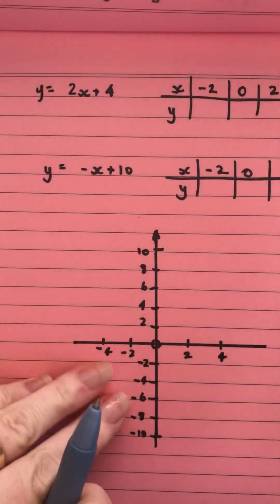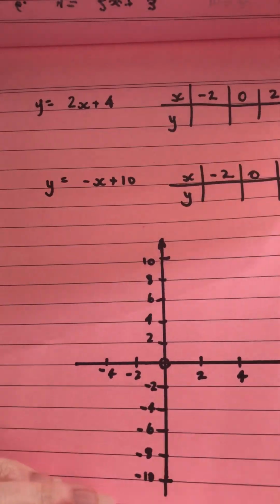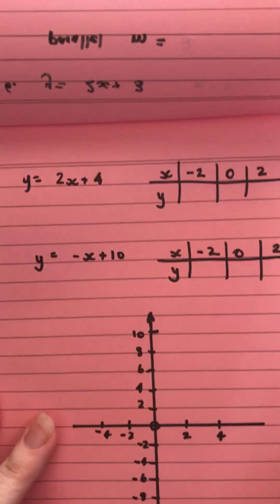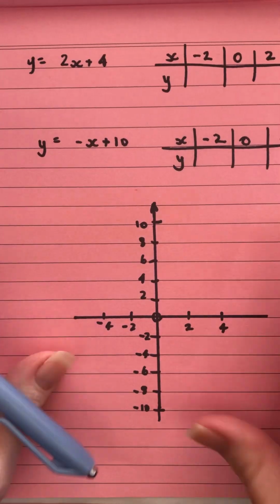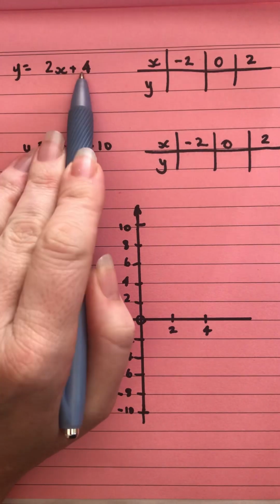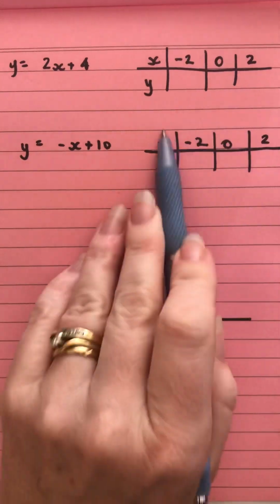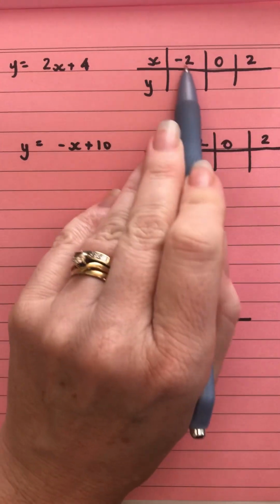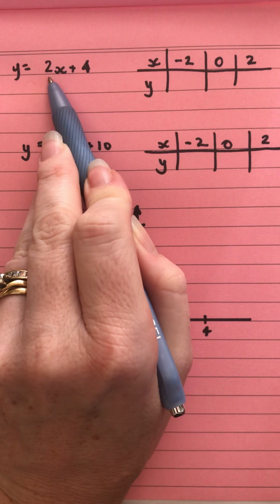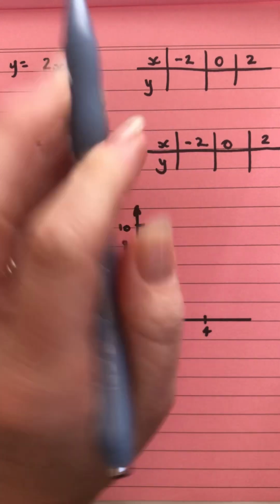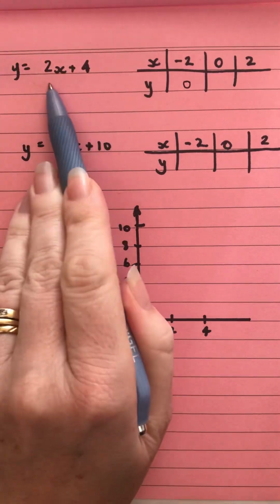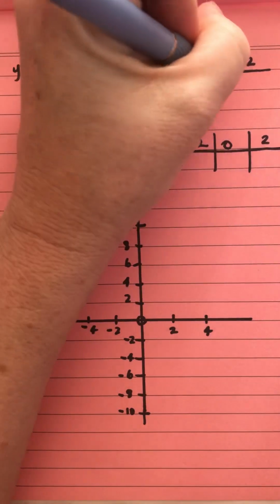The last thing on that first side was a solving simultaneously by graphing question. So we're going to fill in some tables of values. So we've got y equals 2x plus 4. I gave the table to fill in, so we're simply subbing that x value into the equation to find the y. So 2 times negative 2 is negative 4, plus 4 is 0. 2 times 0 is 0, plus 4 is 4.